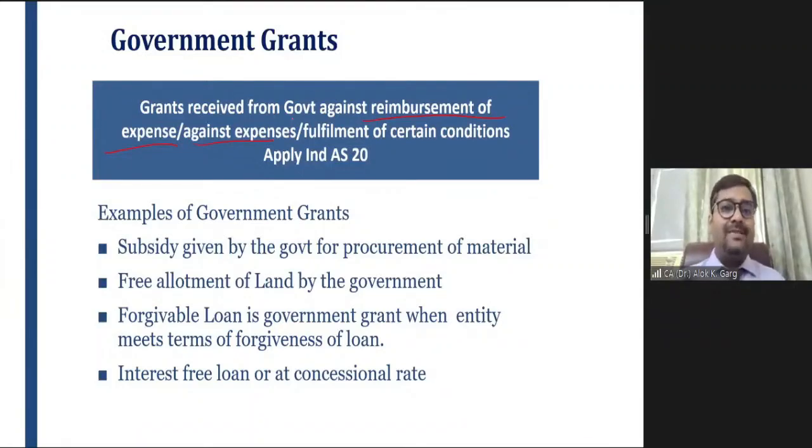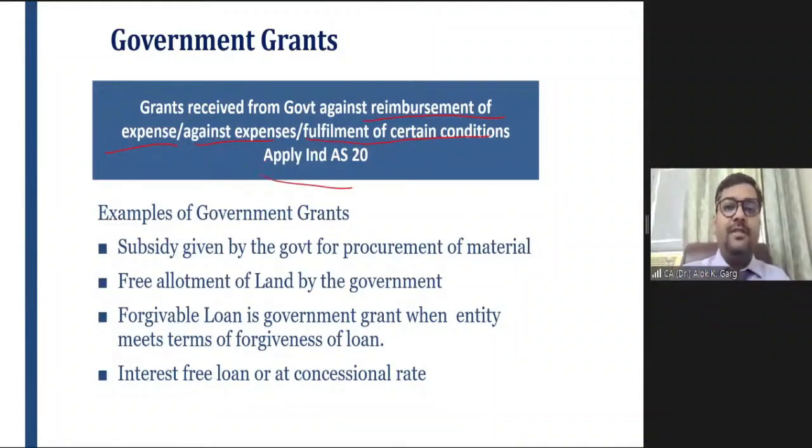So the government transfers money every quarter to the account of the company. So government grants could be against reimbursement of expenses, or in lieu of the fulfillment of certain conditions. When you fulfill certain conditions, then we will give you the grant, or I am giving you the grant, but you have to fulfill certain conditions.